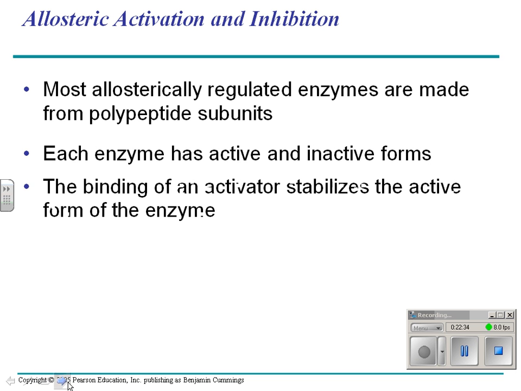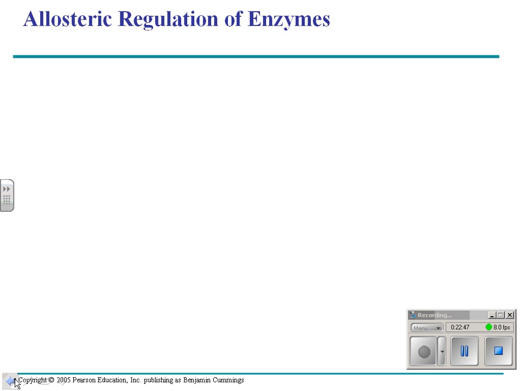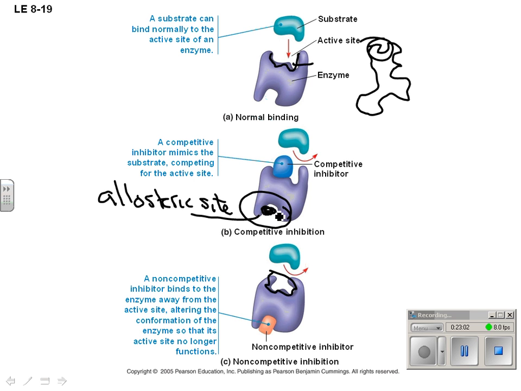Okay, you're going to see the term allosteric site. Actually, I'm going to go back to this slide because this slide has allosteric site on it. This is called an allosteric site of the enzyme, where something can stick in there and make the enzyme not work. Sometimes it sticks in there and makes it work. We'll come back to that too. So active site is where it does the work.